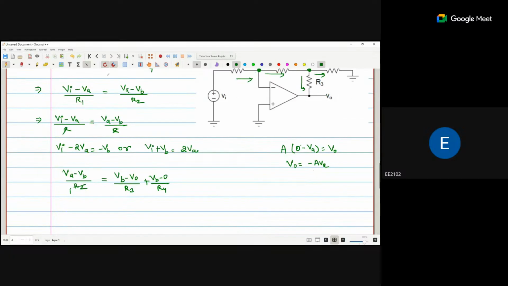Okay, so it is R, it is KR. So R and R cancel out, only K remaining. Now, if I take the LCM, it is K times (VA minus VB) is equal to K times (VB minus V0) plus VB.